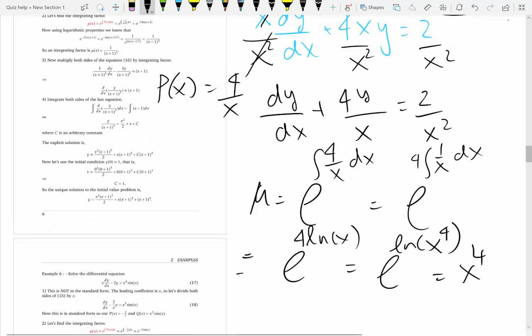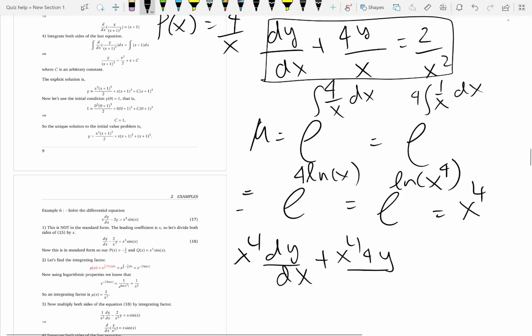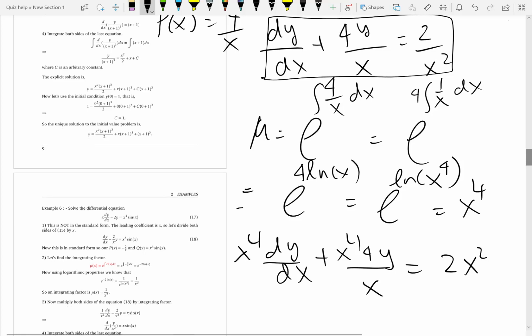We have our standard form, so let's multiply the standard form by the integrating factor you found. When I multiply, what I get is x to the 4 dy over dx plus x to the 4 times 4y over x is equal to, so 2 over x squared times x to the 4 means 2x squared, since x squared and x to the 4 simplify.